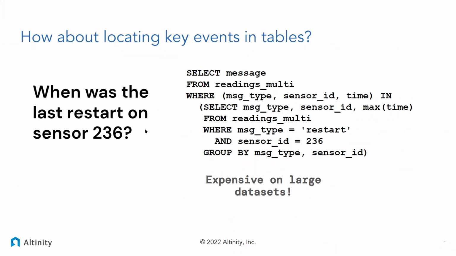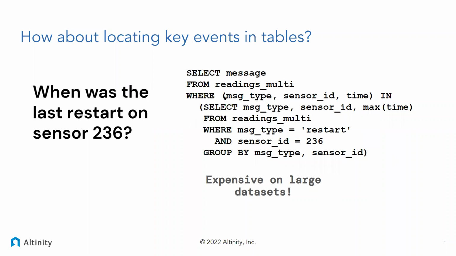Okay, so let's look at one final thing, which is indexing data. As we get these very large tables, we can ask questions like, hey, when was the last restart on sensor 236, to feed into a query like what I just showed you. This is a traditional way of getting this in SQL databases. We have an IN clause with a subquery.